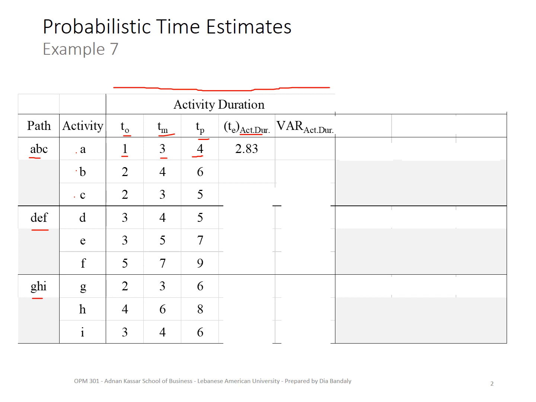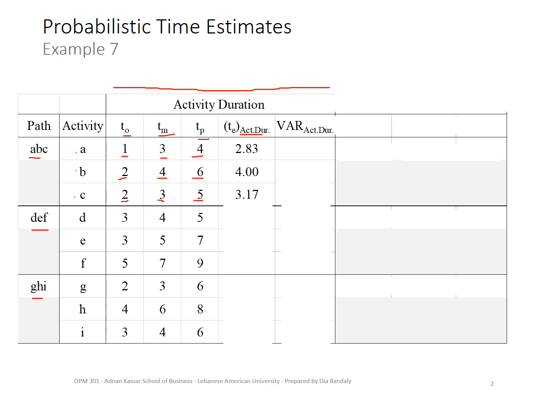Now let's find the expected duration for the second activity. It's 2 plus 6, 8, plus 4 times 4, 16, plus 8, 24. 24 divided by 6, that's 4. Then for activity C, it's 2 plus 5, 7, plus 4 times 3, 12, plus 7, 19. 19 divided by 6, that would be 3.17.